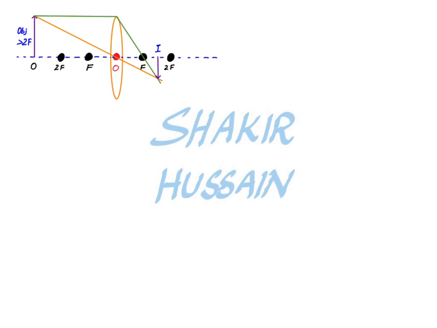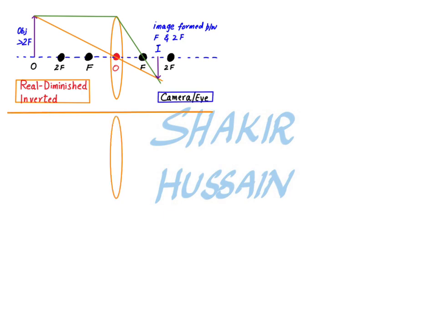One natural example: eyes. So you use this type of formation in eyesight and in cameras. So the image is real, diminished, and inverted, right? And a practical application is camera and eyesight. Got it? Any problem?